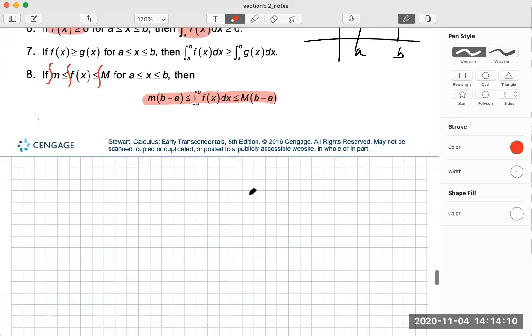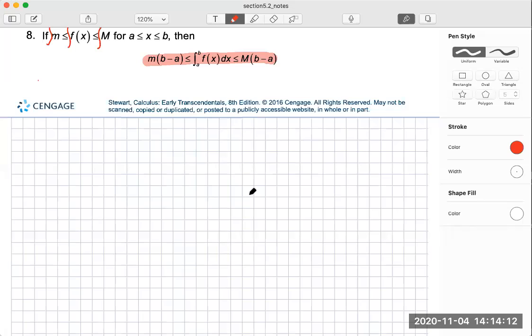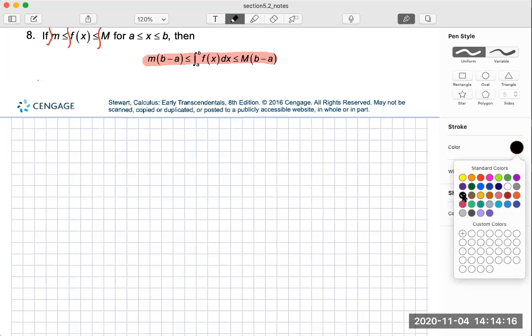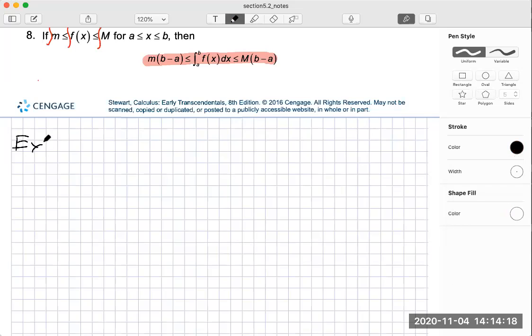Okay. Now let us practice some examples. Look at this one. Let us compute the integral from 0 to 1 of (4 plus 3x squared) dx. So, what can we do?